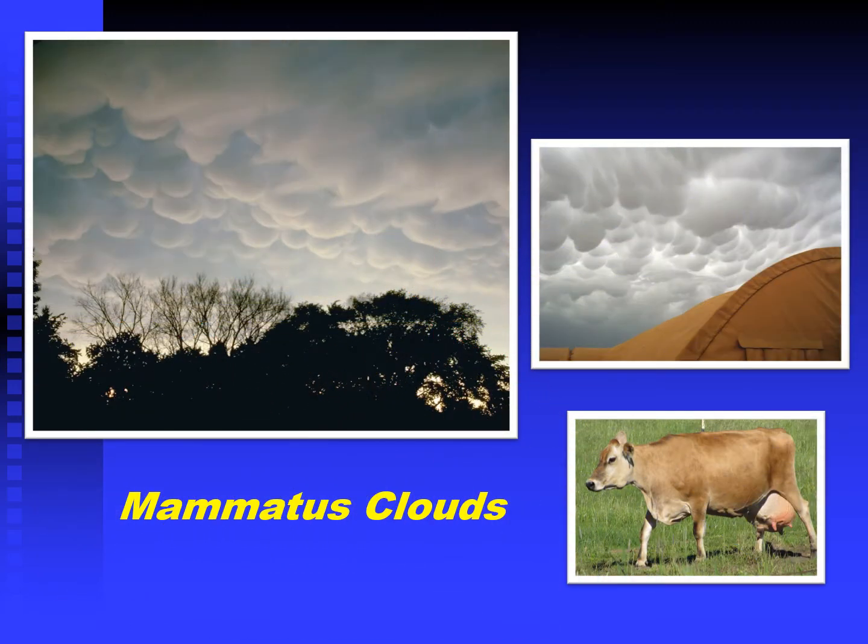So what do mammatus clouds look like? This is what they look like, and they're called mammatus clouds because they're referring to cows that are nursing their young, or that are being made to be in that state perpetually because they're on a milk farm. Anyway, they basically look like cows' udders.